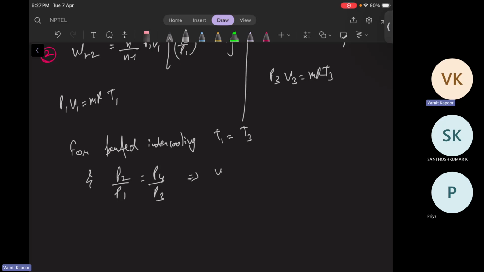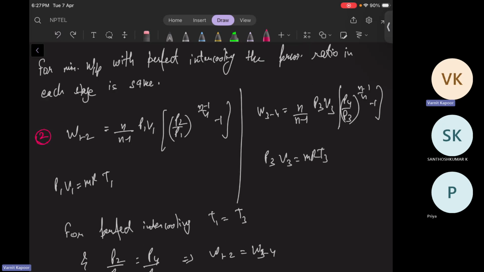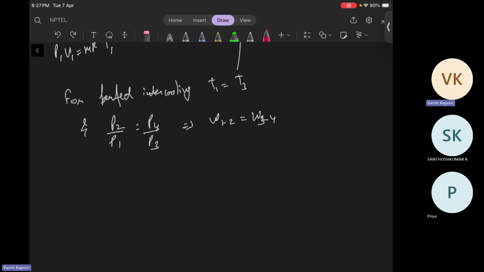So that means work of 1 2 is equal to work of 3 4, because this is the same in terms of mRT, and this is also the same, so the whole work input is the same. You can directly write that the total work input can be written as n into the work input in each stage.